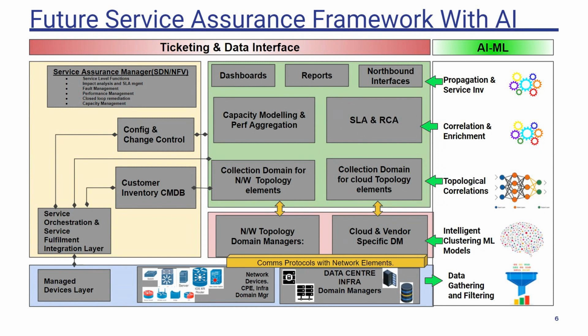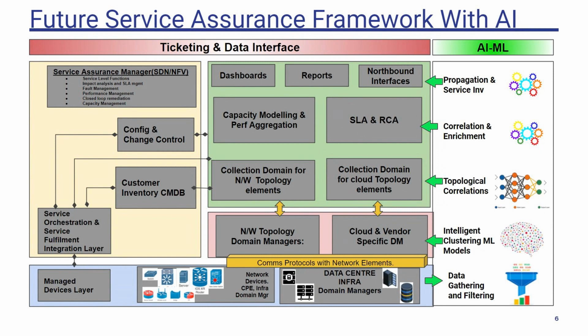There is something called cross domain correlation. Let's suppose I want to do a cross domain correlation from my customer at site A with the customer at site B, right? That particular thing was not available till now.